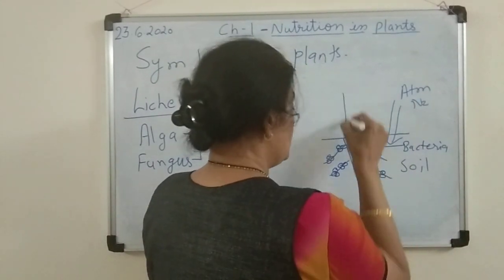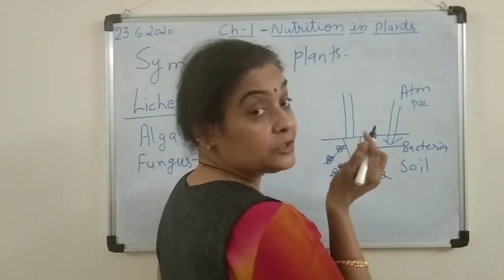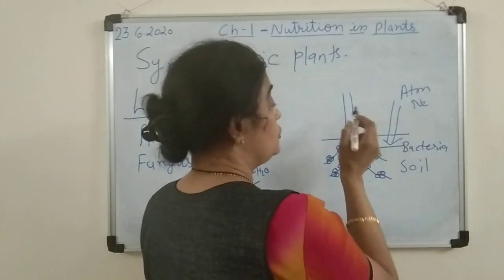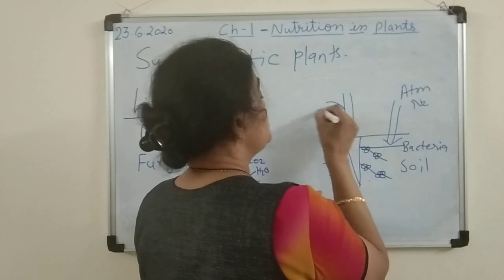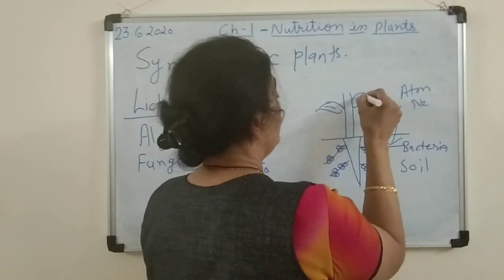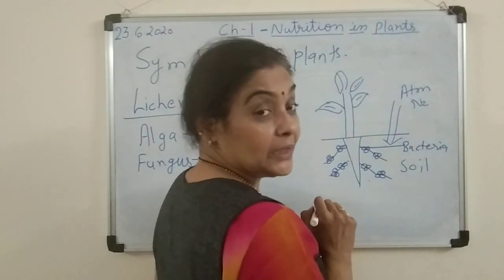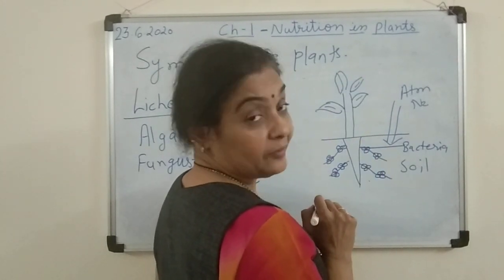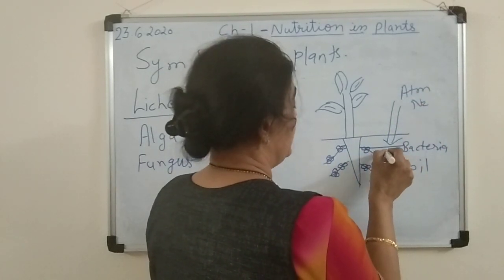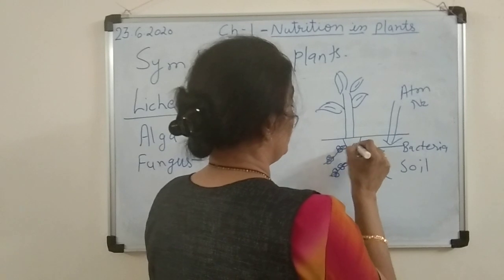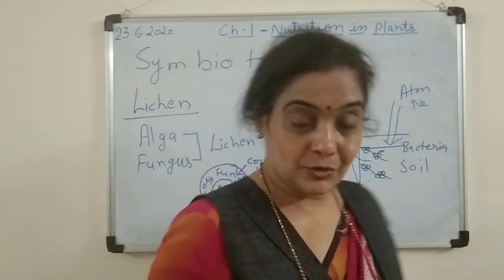As we know, pulses provide nitrogenous substances, protein. So they need an additional amount of nitrogen. That is provided by the bacteria present in the root nodules of the plant. They fix atmospheric nitrogen, which is made available to the plant, and through the plant it goes to the leaves and then the plants grow.